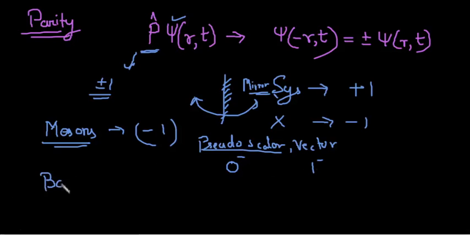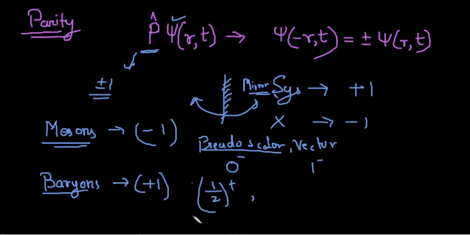And for baryons, this parity is positive. We have already seen this: spin one half positive, that was the baryon octet. And then we have also seen three halves positive, which was the baryon decuplet.